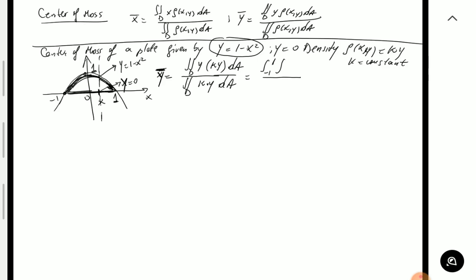So y equals 0 and y equals 1 minus x squared are the inner bounds. We canceled k before, so then I have to integrate y squared dy and then everything dx at the end. And divided, same bounds on the bottom, it's the same domain, except on the bottom we just integrate k times y. Since we canceled k before, that's just y dy dx.